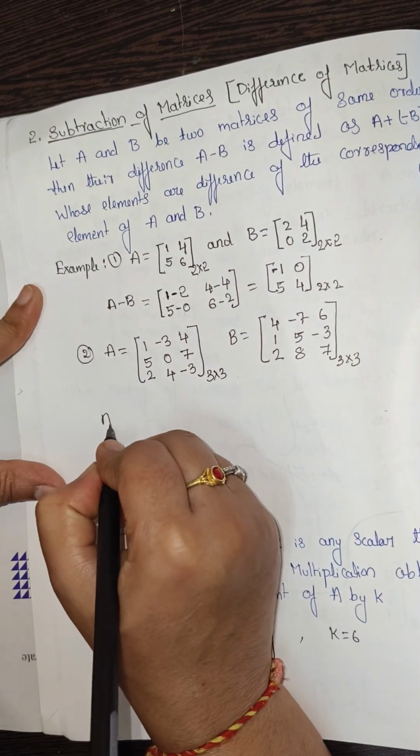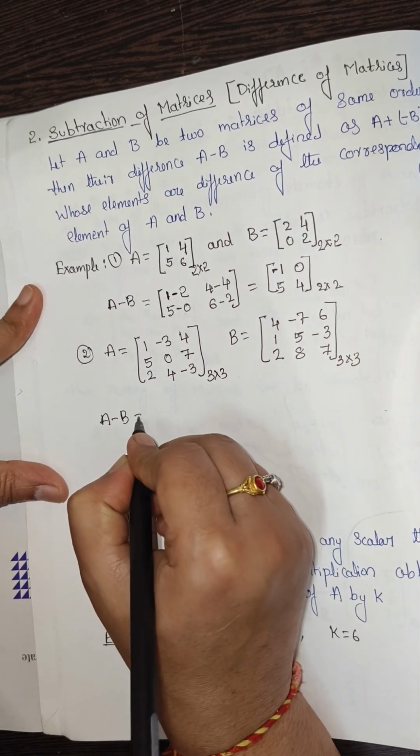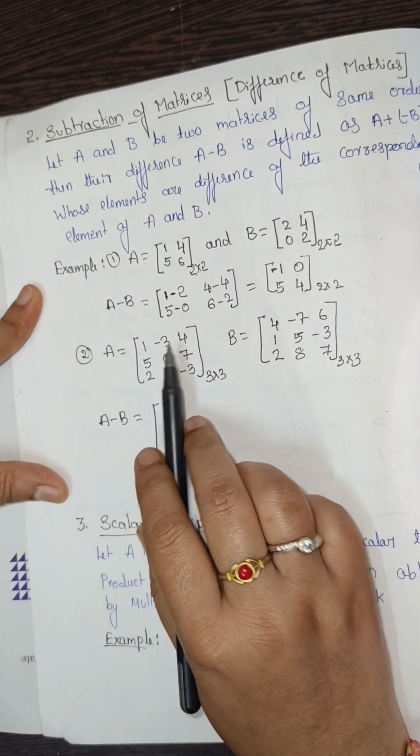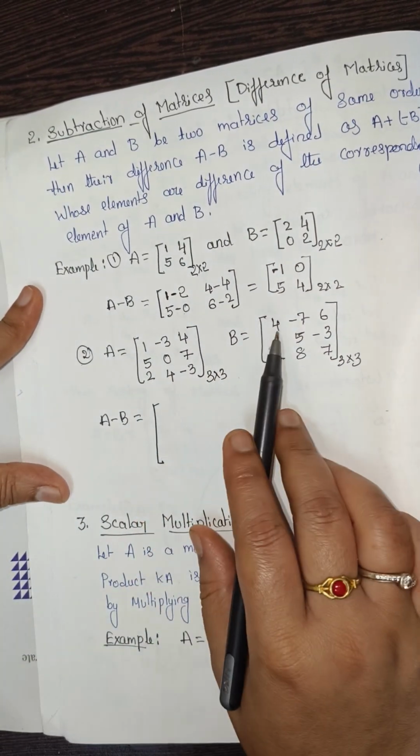Now we will subtract it. A minus B. We should subtract the corresponding elements of A and B only.